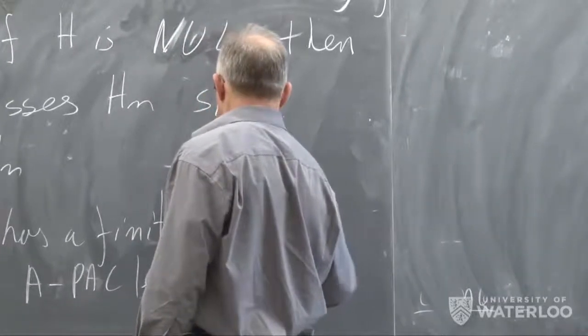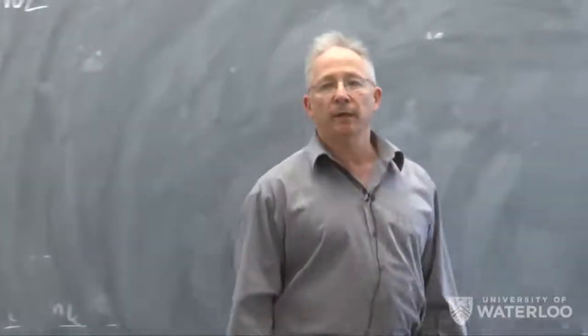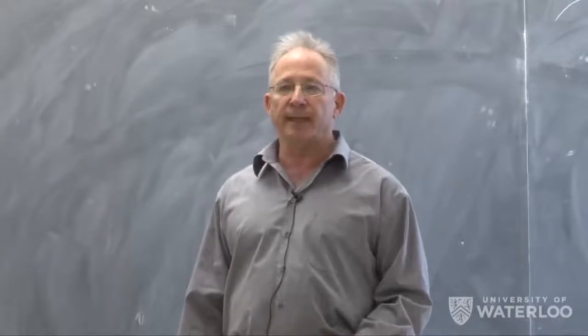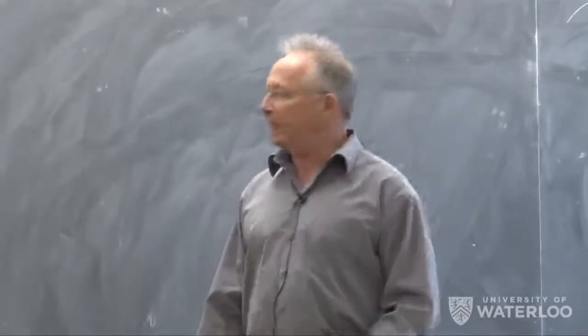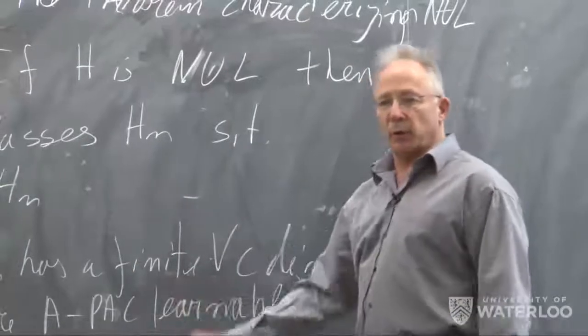So this lemma gives us one direction of the characterization theorem. The characterization theorem says you are non-uniformly learnable if and only if you can have such Hns. And now I'm showing you one direction.